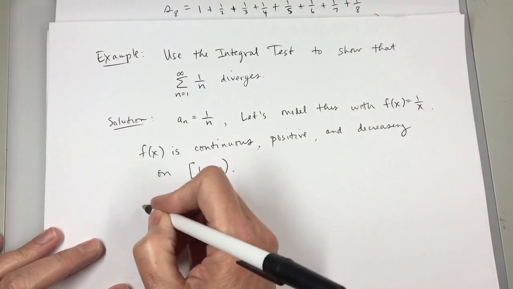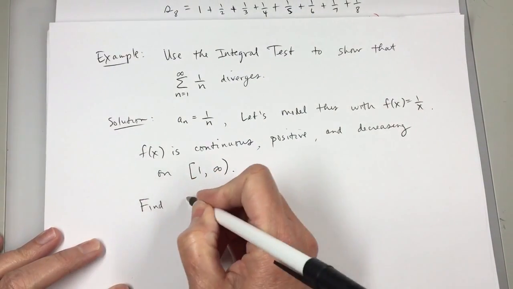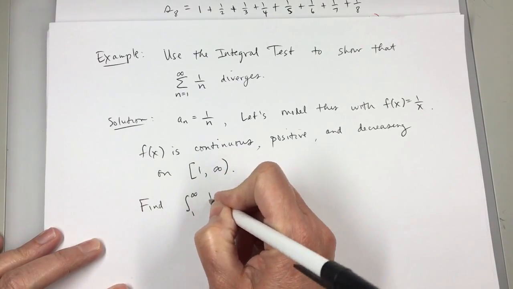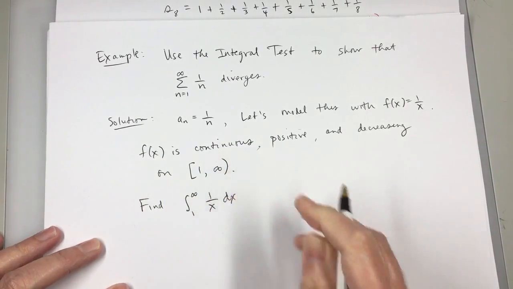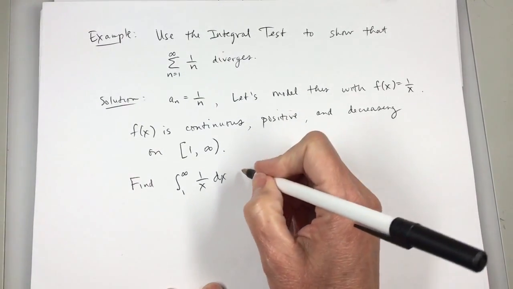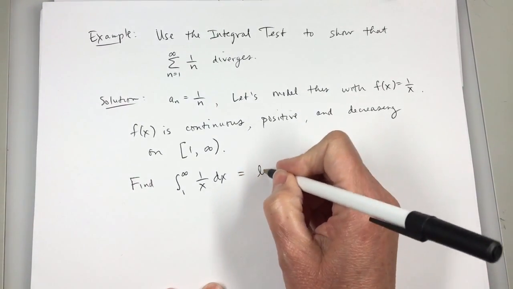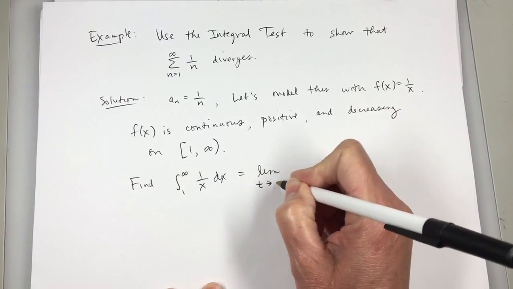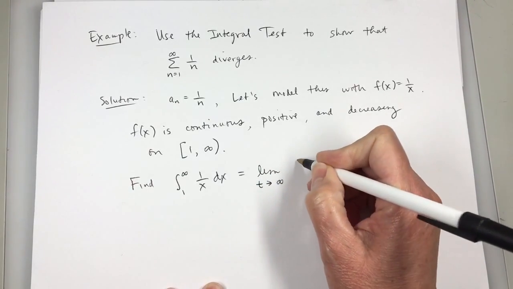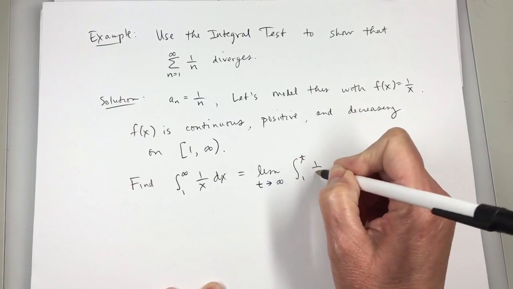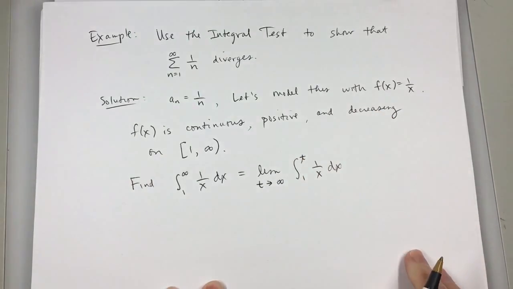I can find the integral from 1 to infinity of 1 over x dx. And I'll write that as the limit. I'll use a t, the book used t, as t approaches infinity of the integral from 1 to t, 1 over x dx.